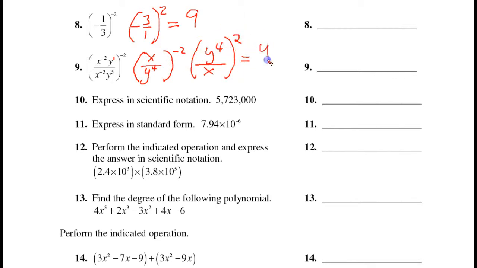So this then becomes y to the 8th over x to the 2nd. Now again, there are other ways to do it. You could have done all this multiplication first, then do the simplification. It comes out to that. Now for number 10, we're going to put this to some power of 10.